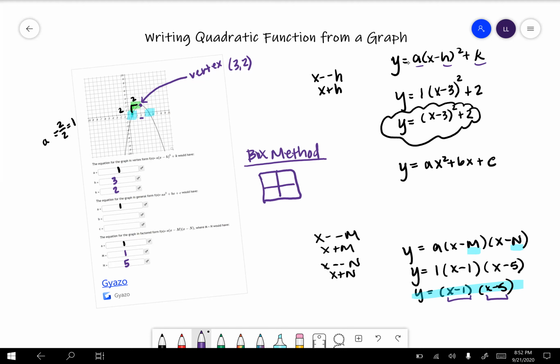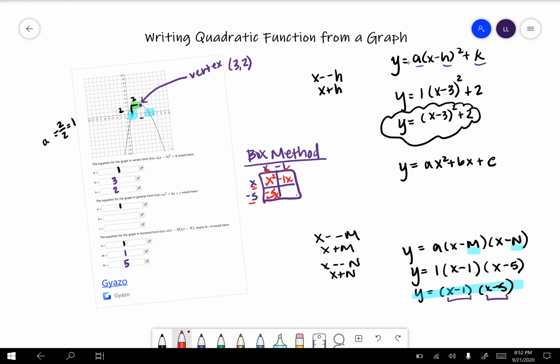And so I'm going to put x minus 1 here and x minus 5 here. In this box, I'm going to multiply x by x, which gives me x squared. In this box, I multiply x and negative 1, which gives me negative 1x. In this box, I multiply negative 5 and x, which gives me negative 5x.